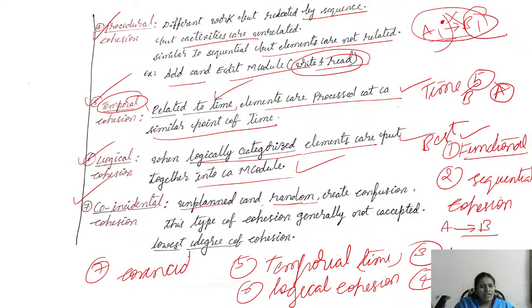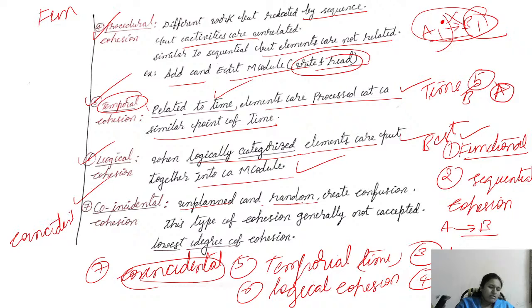Nothing is related here. They are together just by coincidence, and nothing is planned. That's why the best is functional and the worst cohesion is coincidental. You have to remember this, so please write it down in one place.